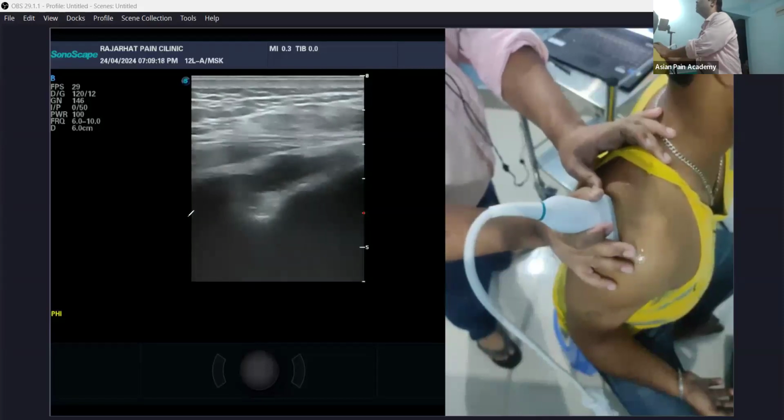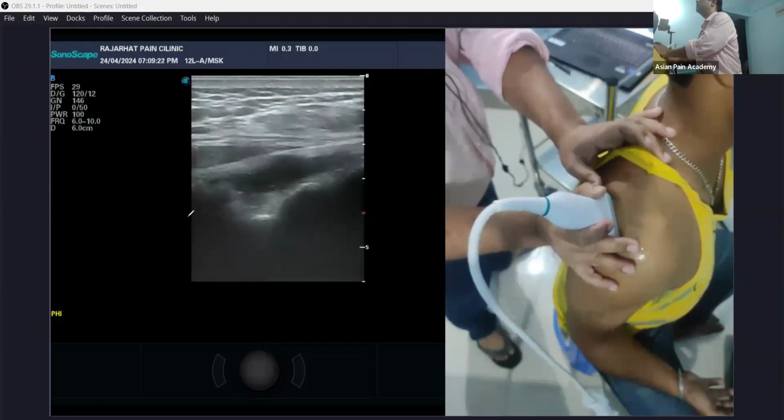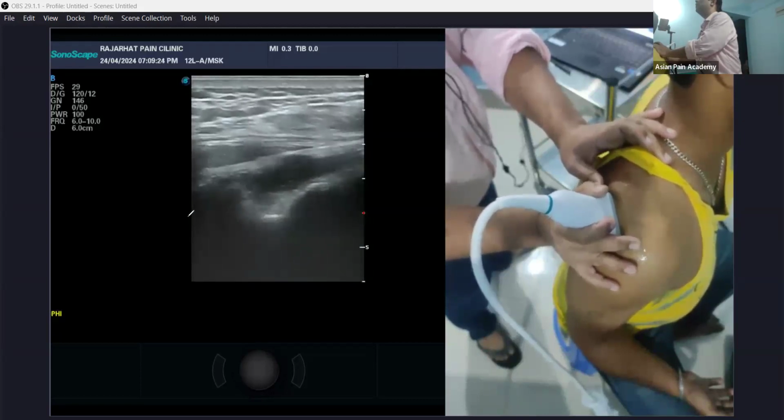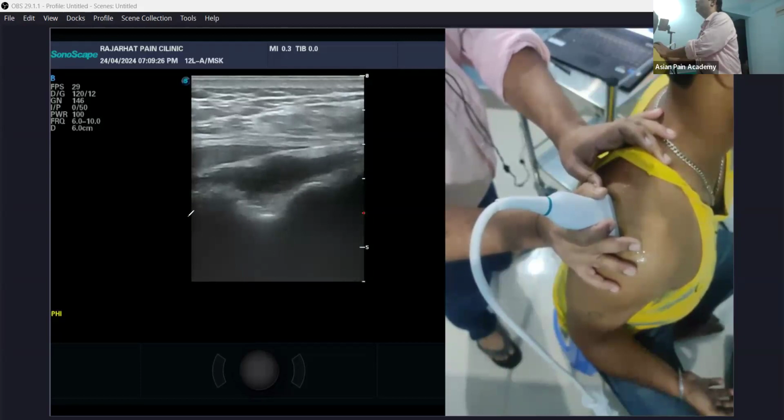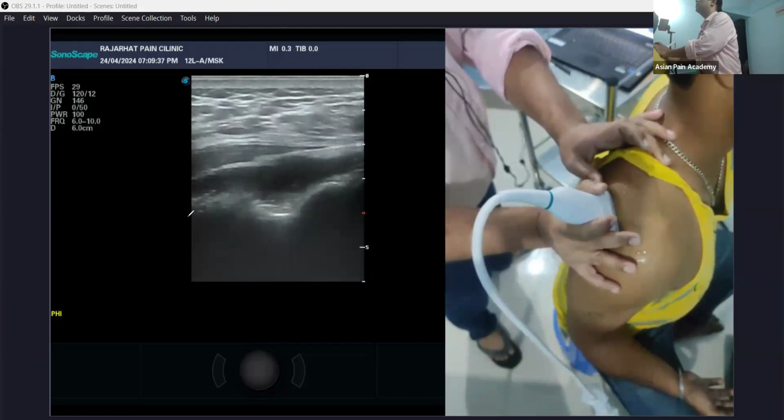Now I am going just medial to the glenoid, and you see the pulsating structure just in the middle, at a depth of 4 centimeter.